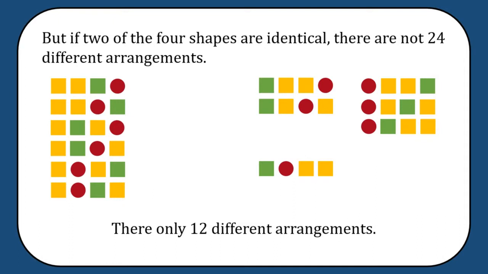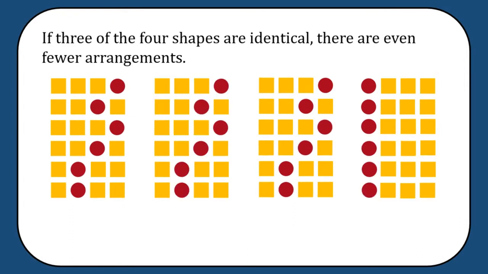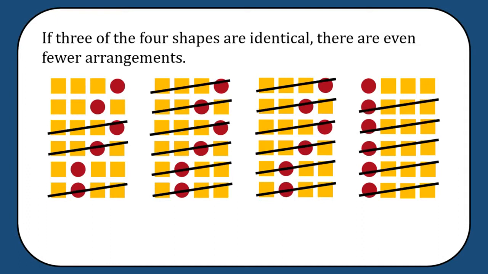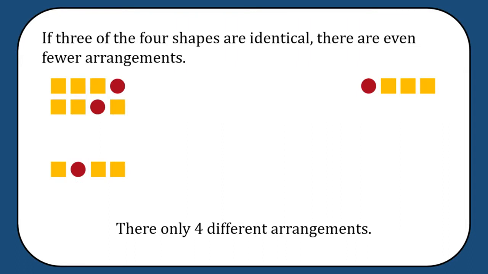So if we have 4 objects in which 2 are the same, there are only 12 arrangements rather than 24. What about with the 4 objects if we had 3 of the objects the same? Obviously there's going to be even fewer arrangements. So we've got lots and lots of repeats here, and we find that there are actually only 4 unique arrangements.